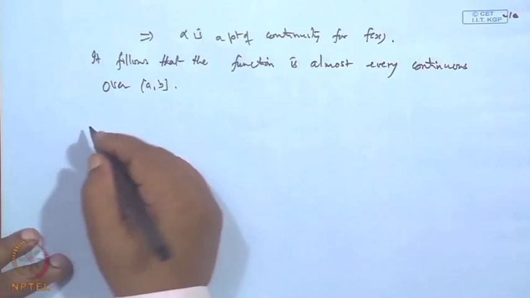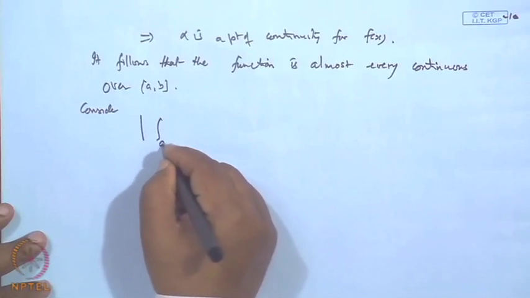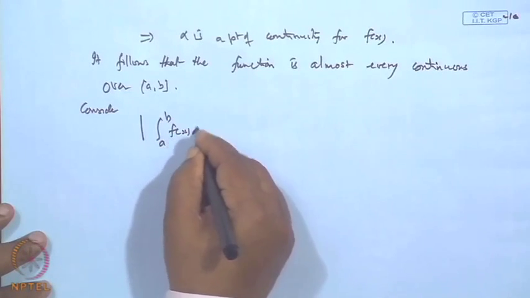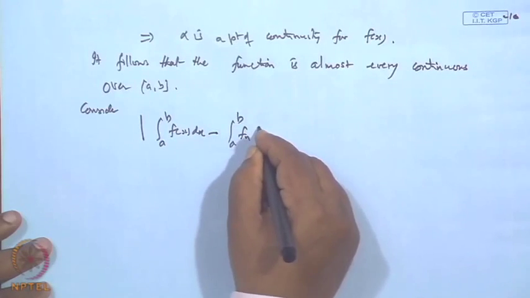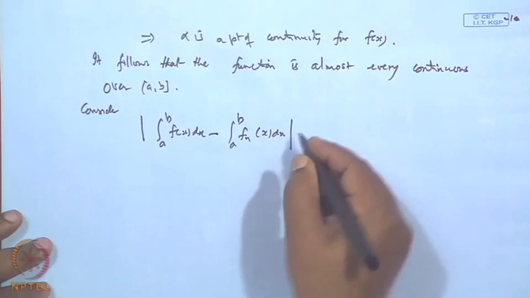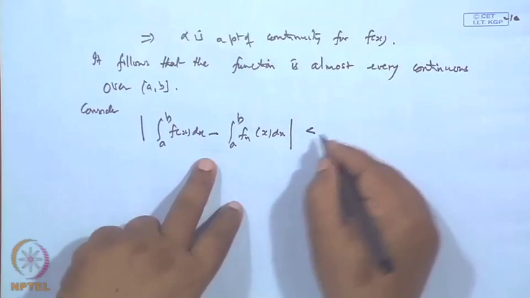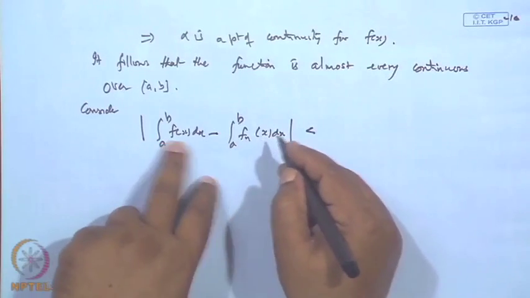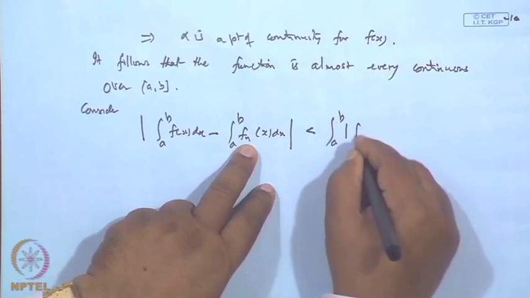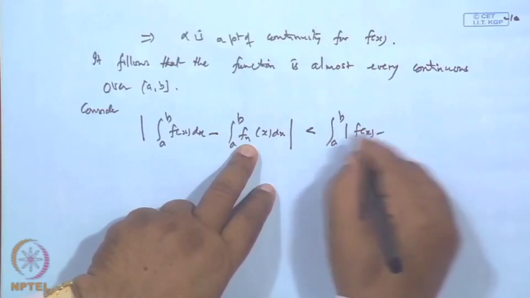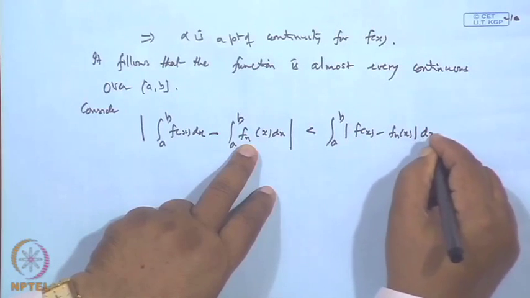Once it is continuous, let us find this integral. Consider the integral a to b f x dx minus the integral a to b f n x dx. Now, this will be less than or equal to the integral a to b of the modulus of f x minus f n x dx, since you combined it as f x minus f n.